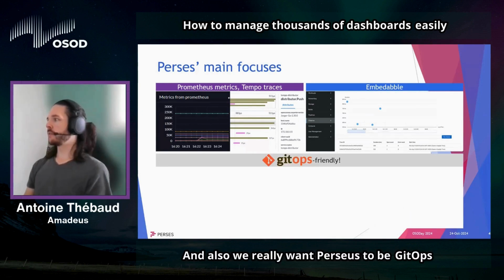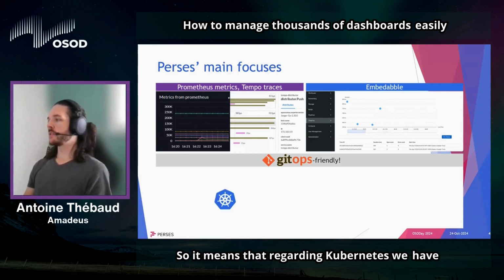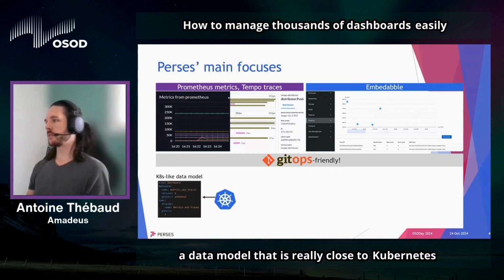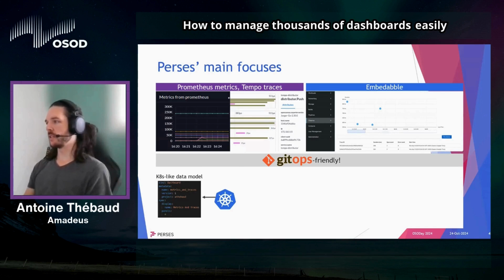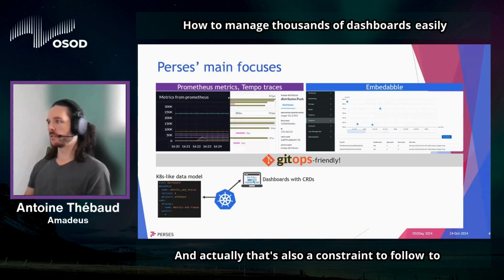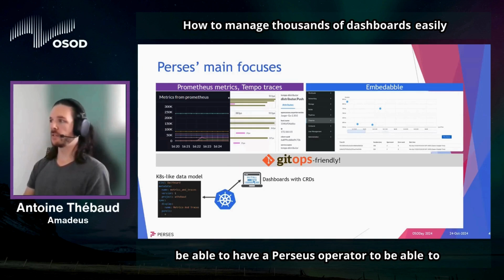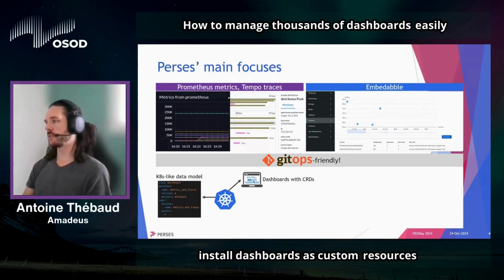And also, we really want Perseus to be GitOps friendly. So it means that regarding Kubernetes, we have a data model that is really close to Kubernetes objects. And actually, it was a constraint to follow to be able to have a Perseus operator to be able to install dashboards as custom resources. So that's something we provide.